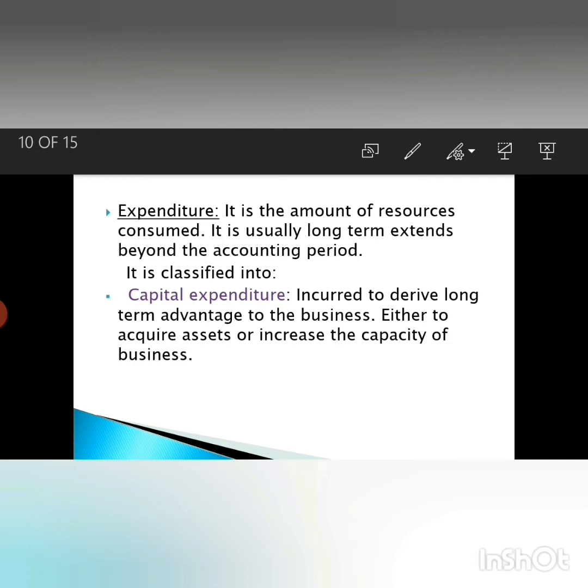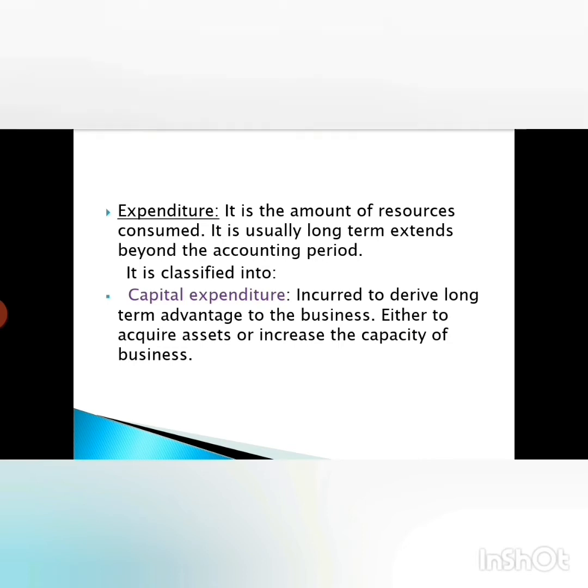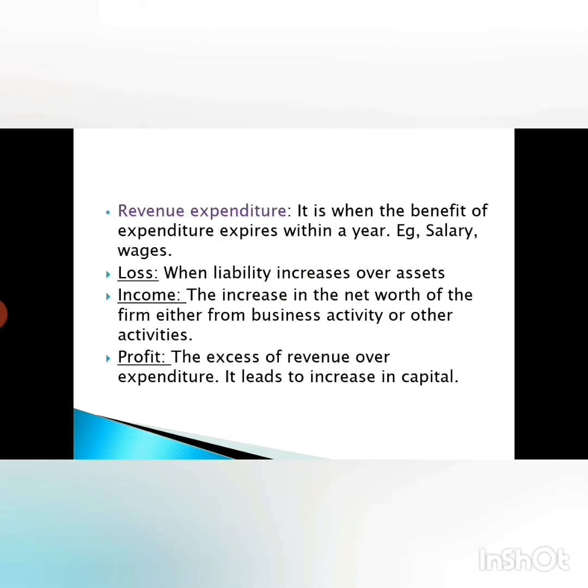If a business is producing just 10 of their products, now they use it to produce 20 or 25 of them for a long period, not for 6 months or 3 months. It's for more than 1 year. Revenue expenditure is when the benefit of the expenditure expires within a year.